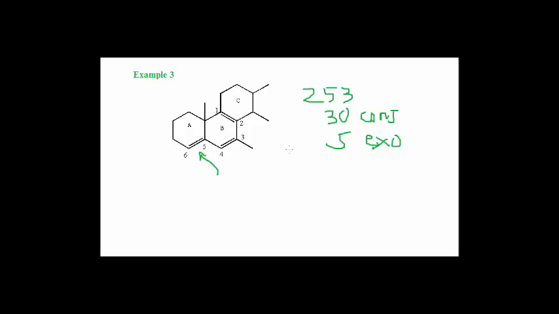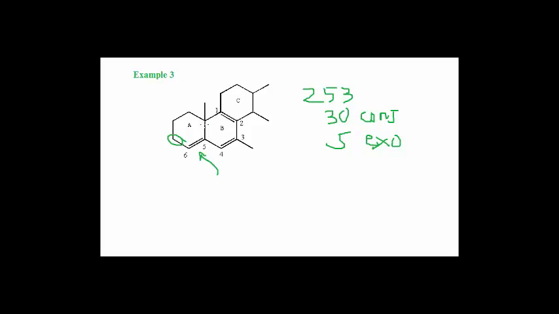Let's next look for carbon substituents on the conjugated carbon system. Start with carbon 6. We have one alkyl substituent. It's actually a ring residue. That's worth 5. Carbon 5 has this carbon substituent.